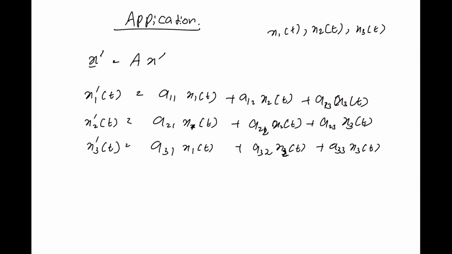To assist with this, we use diagonalization. First we forget that these are functions, and we write it as a matrix. Let's say x bar is my vector x1(t), x2(t), and x3(t).